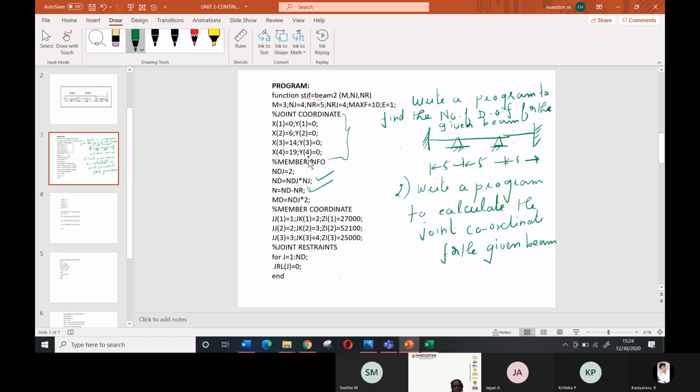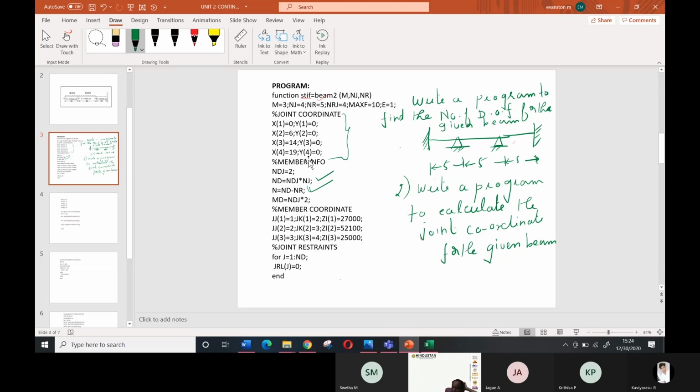You can change it also for your convenience. Max M, maximum number of members. Simply I have kept it as max F.